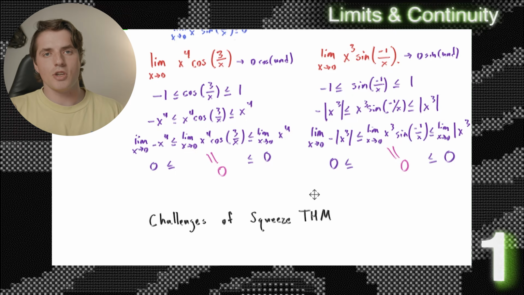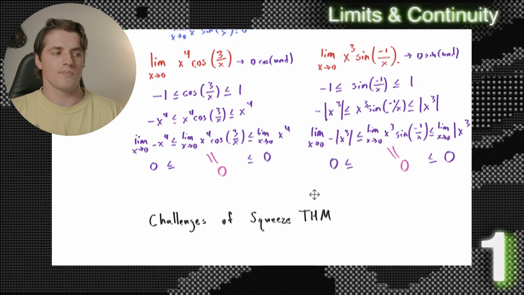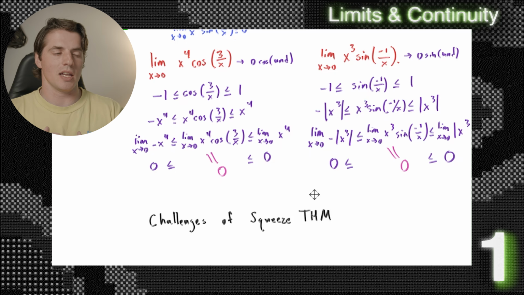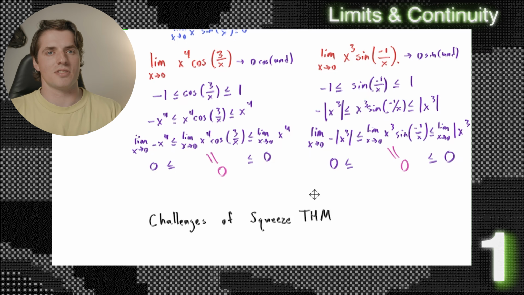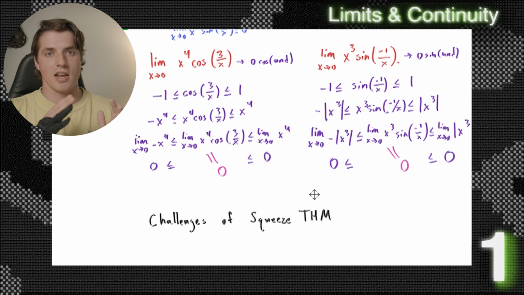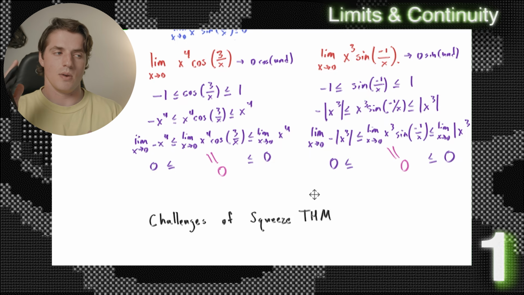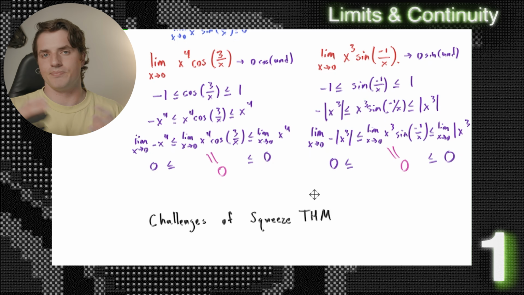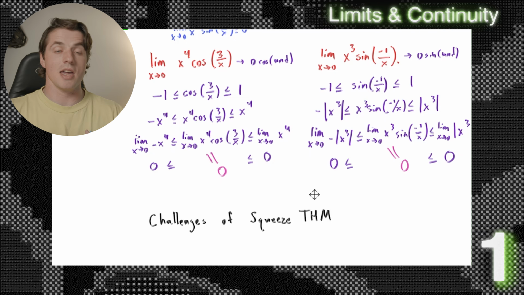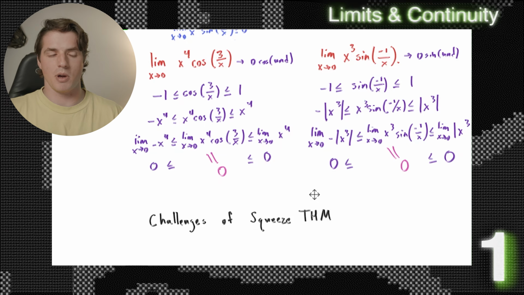So I think because of that, on the AP test, you're going to be limited in how the squeeze theorem is applied. I don't think you're going to see anything more difficult than what we just saw. I think you will use sine and cosine between negative 1 and 1, and then multiplying by some power of x, or the absolute value if it's an odd power.